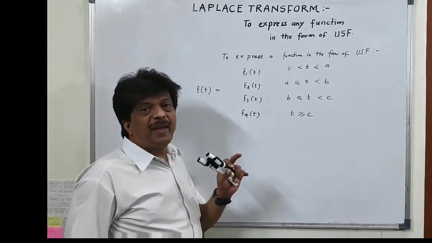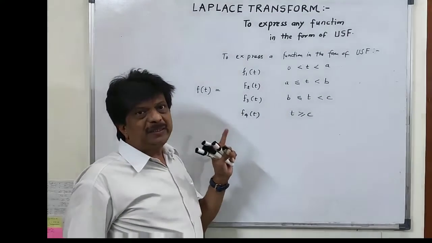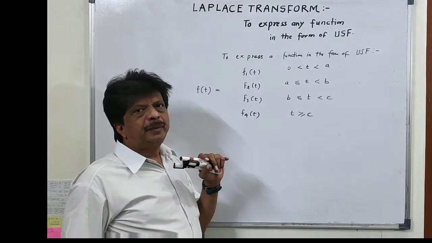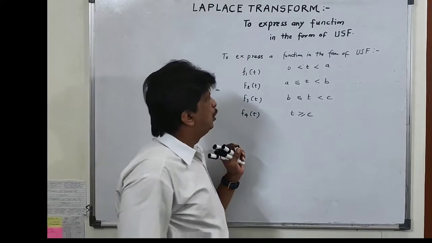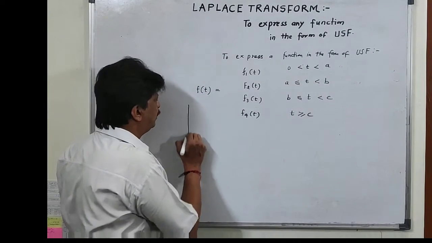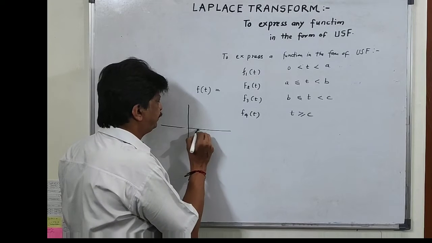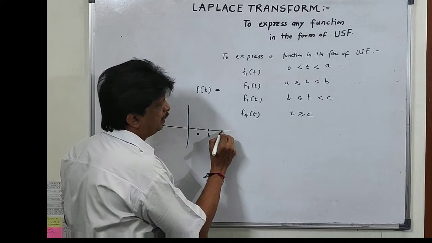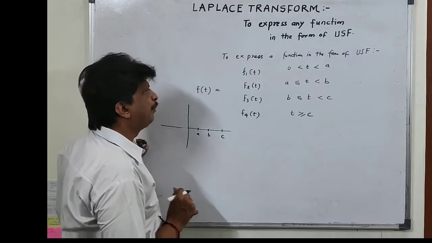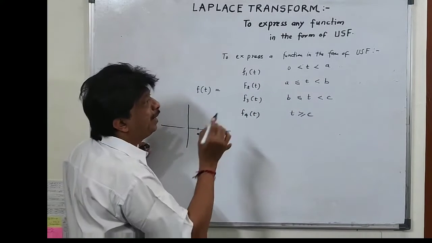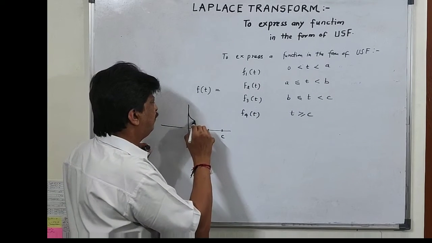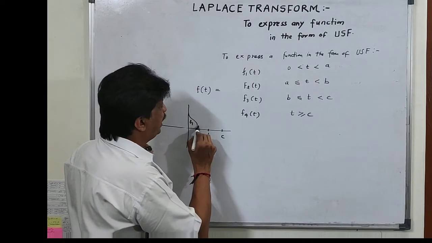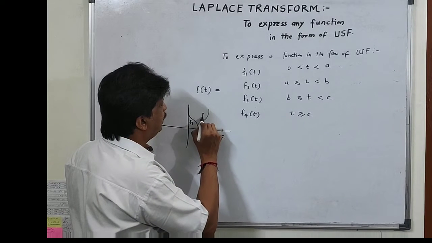So how shall we express this in the form of unit step function? How is it defined? These are the points A, B, C. From 0 to A it is F1. It is like this, F1. Consider this plot as F1. And from A to B it is F2. This is F2.